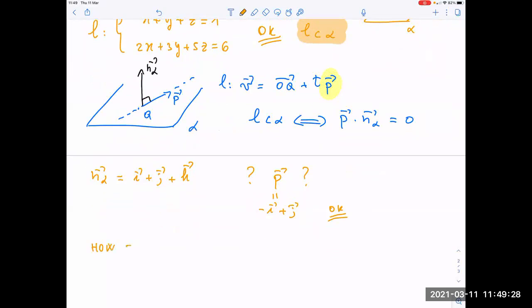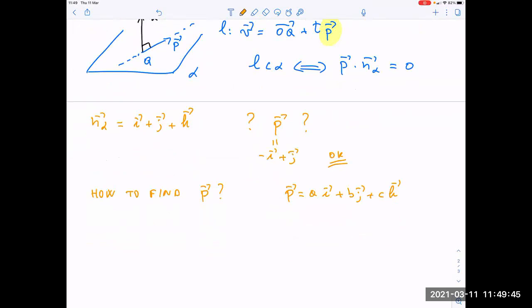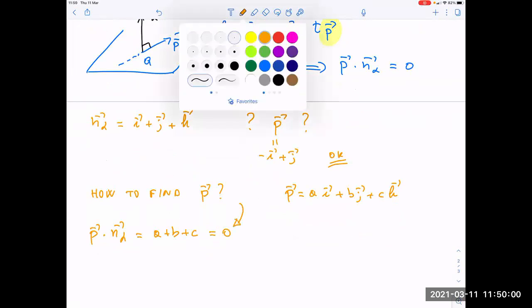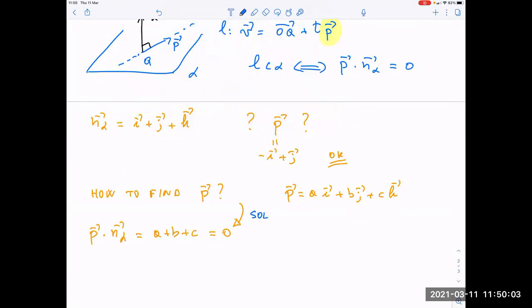So how to find P? Here is the question. Well, what you need to do is to say, well, P is what I want to find. So A i plus B j plus C k. And then I go and compute P dot n alpha, which I hope you see is A plus B plus C. And this is equal 0. So how do you find your vector P? You solve for A, B, and C. That's the typical situation.